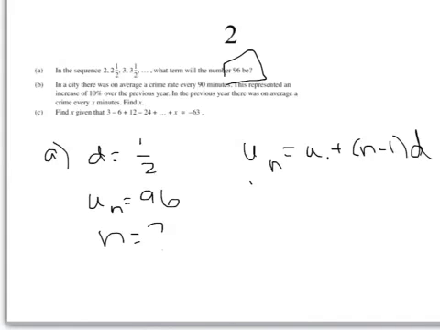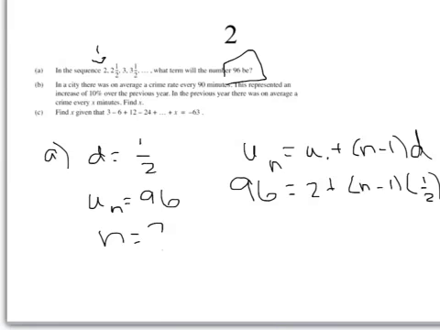Our first term is 2, plus n minus 1 times d, which is 1/2.